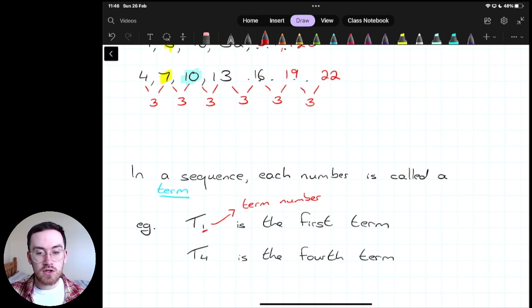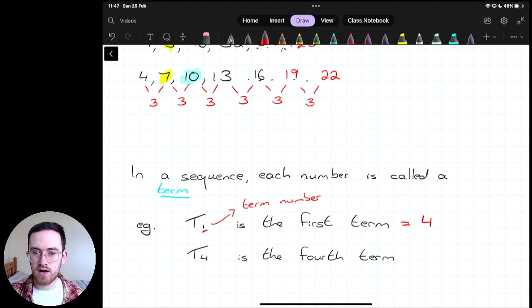The actual number, so when we said T1, the first term, and that was 4 in our examples, the actual value is the term itself. So the first term is 4, but the term number is 1. It's really important that you know that subtle difference.